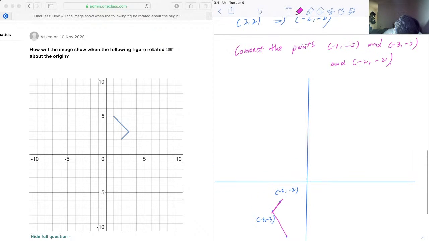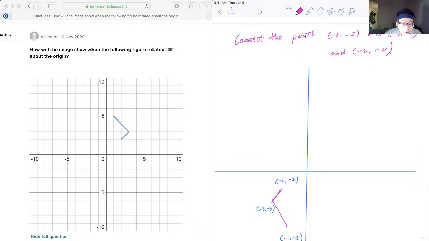Let's just copy down the original image just to see the contrast. So it would be 1, 5, 3, 3, and 2, 2. Okay.